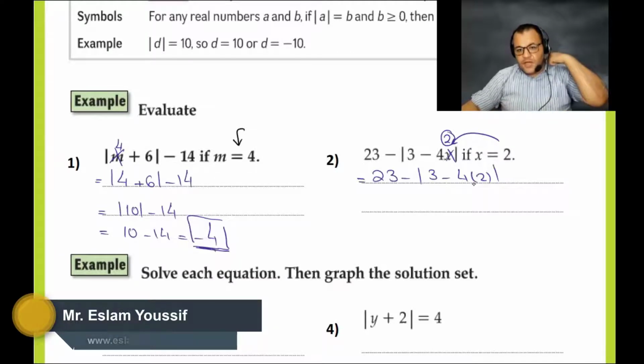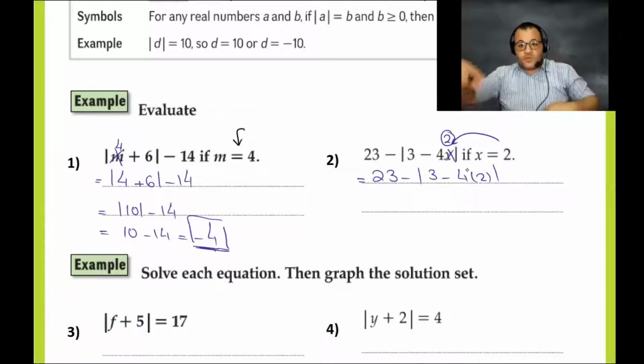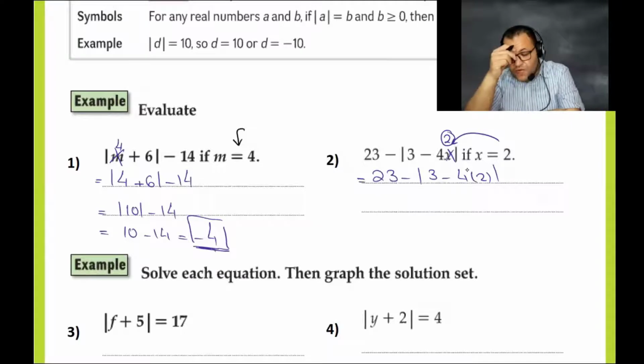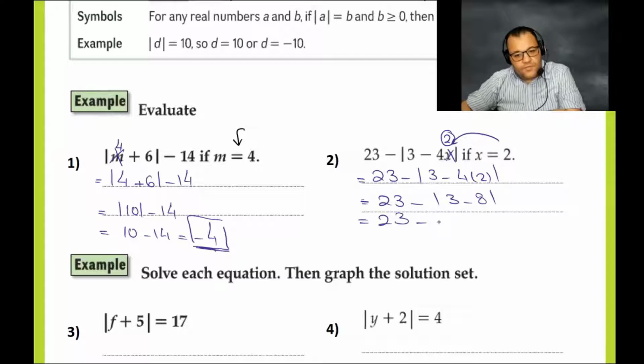We are solving the absolute value like the brackets. We have to solve the operation inside the absolute value at the first, then solve outside. We are dealing with the parentheses.